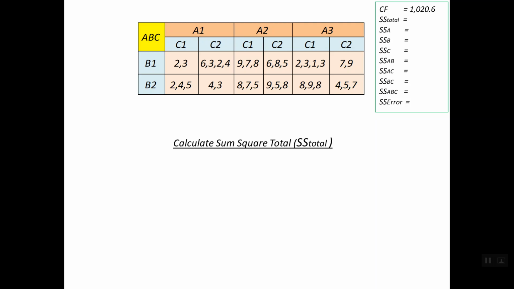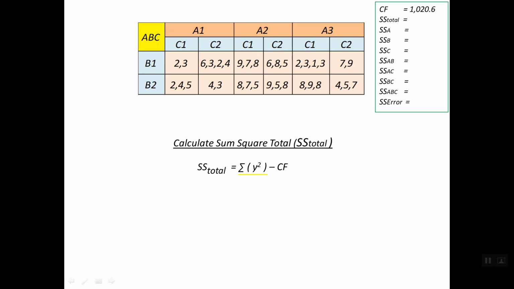Now we can calculate the sum of squares total or SS total. This is the formula for the calculation of the SS total. It is equal to the summation of the y squared minus the correction factor. Summation of y squared means the summation of the squared values of the observations or the records which are inside the above table.